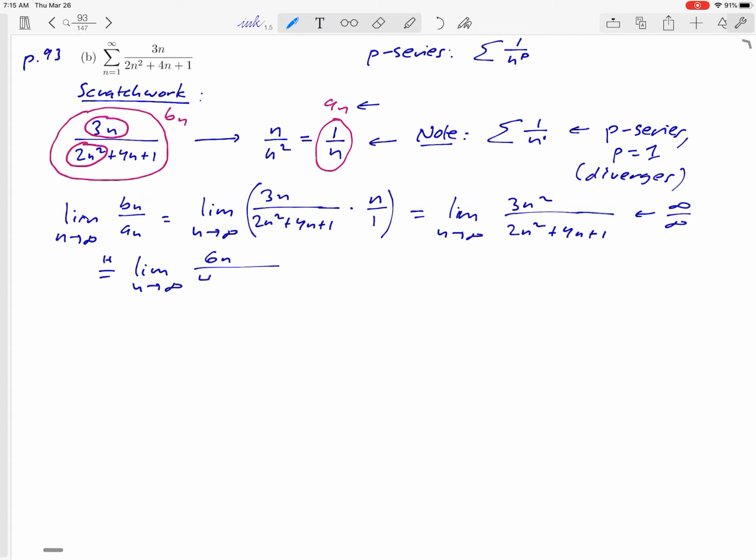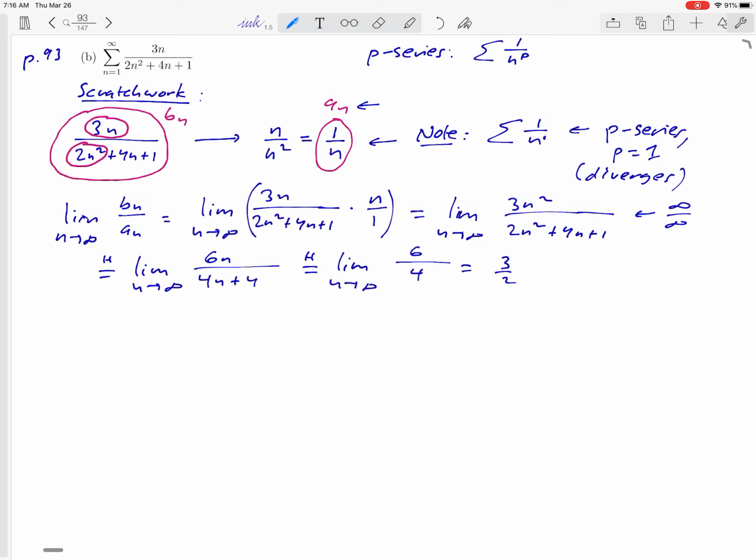So if we take the derivative on the top, the derivative of 3n squared is 6n. Down on the bottom, we're going to get 4n plus 4, but that's still an infinity over infinity limit. We need to use L'Hopital's rule one more time. Now the derivative of 6n is 6, and the derivative of 4n is 4.